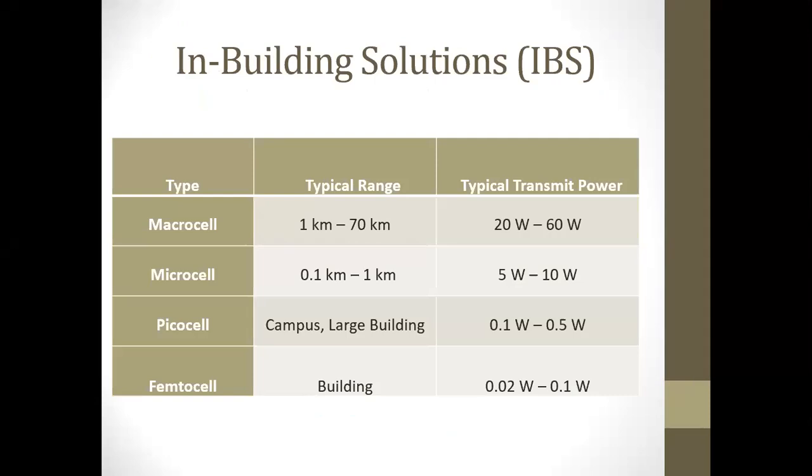But if the radius is less than 1 kilometer, then you may call them microcells, and accordingly the transmit power will also be lower. If you install a base station for a certain area, say a mall, campus or stadium, you can call it a picocell.